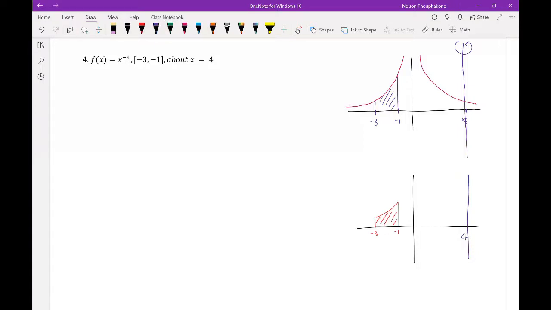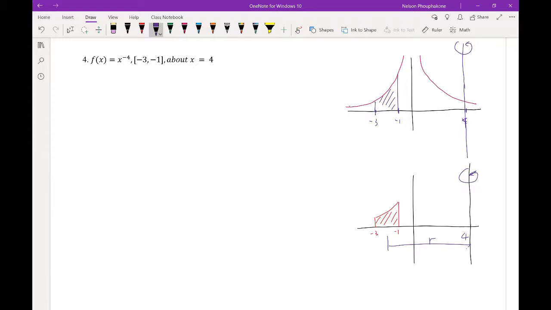Okay, so then in this case right here, then you will see that this is actually my R value.